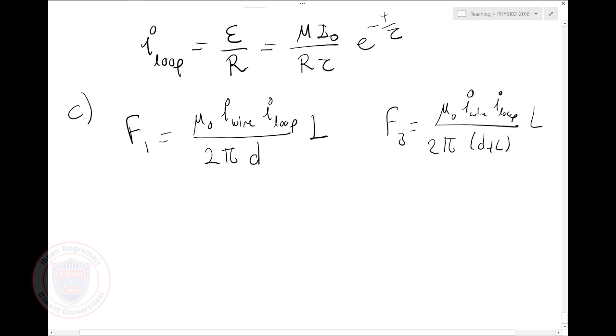Well, that's great. The only thing I need to do is find the net force. It will be F1 minus F3.